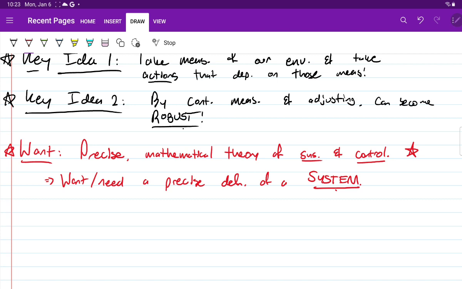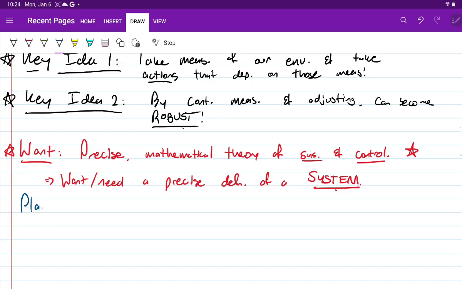So how do we actually define a system, right? What is a system in a precise mathematical sense? This is the question that we're going to focus on in today's lecture. We're going to figure out how we can precisely reason about what systems are and what properties they have. Okay. So here's what we're going to do.